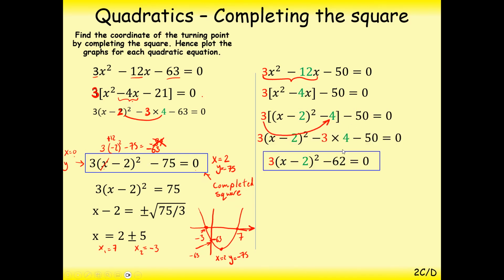So the next line would give us minus 12 here, minus 12 minus 50 will give us minus 62. Now I'll put this in the blue box again because this tells us the turning point is where x equals positive 2 and y equals minus 62.